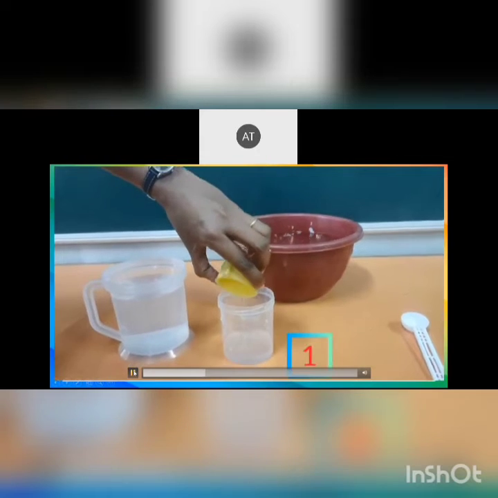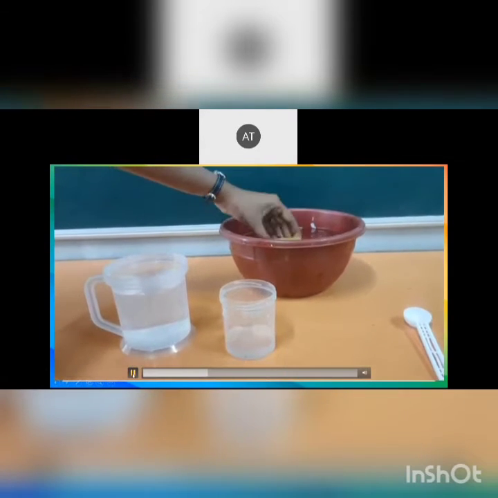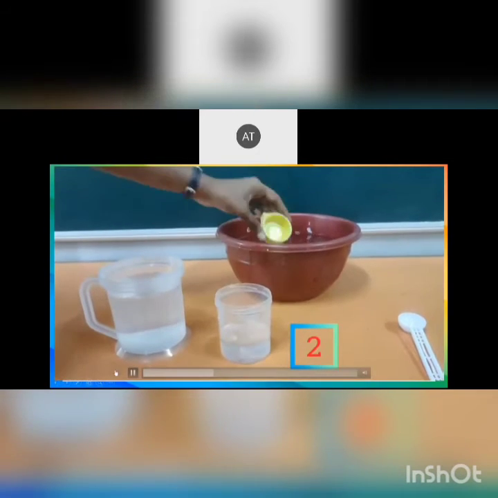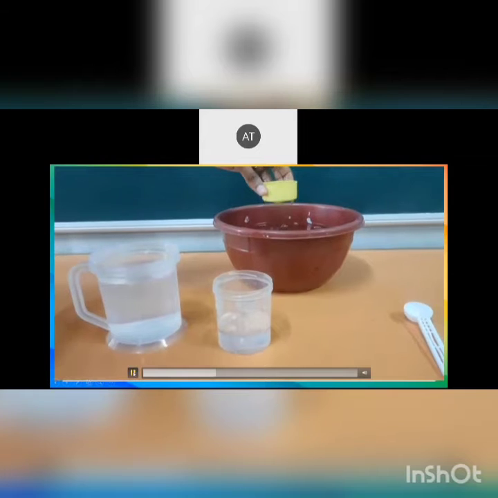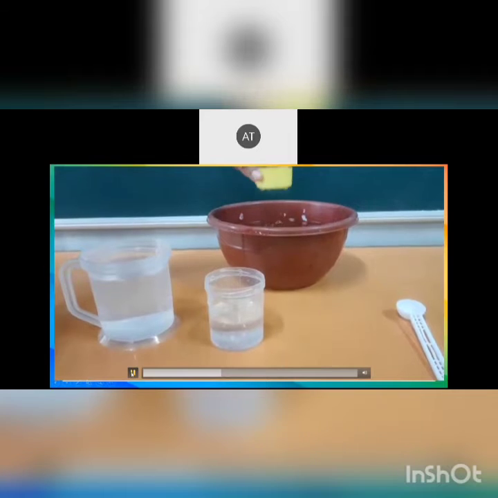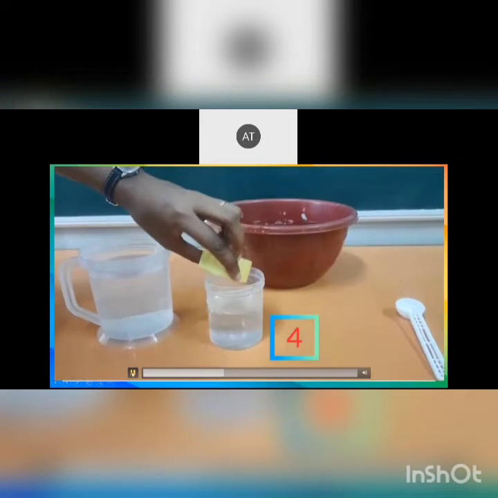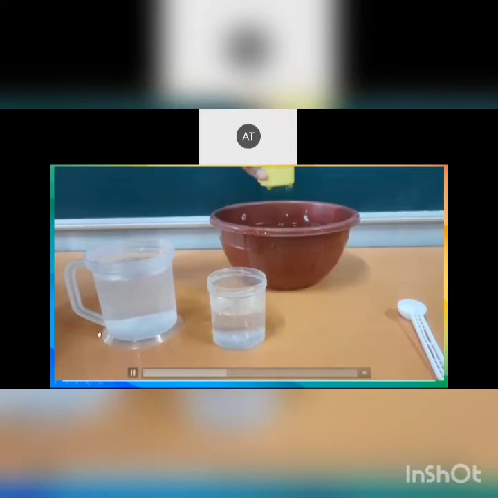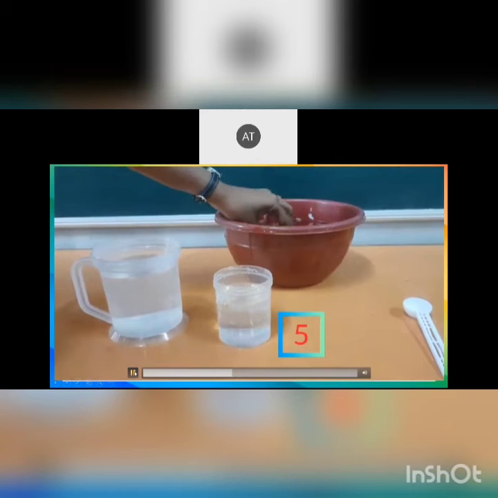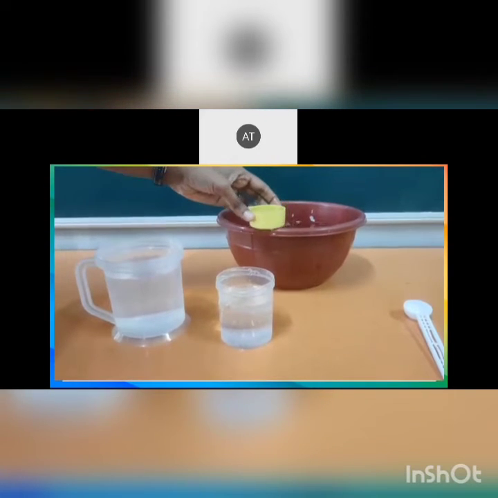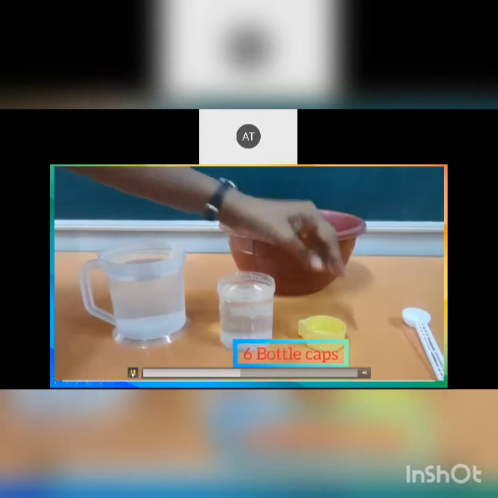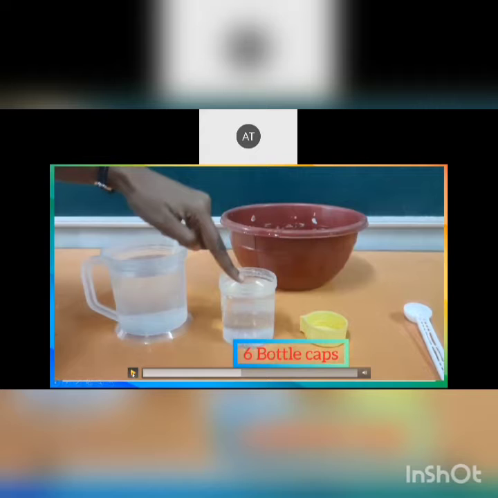1, 2, 3, 4, 5, 6. So 6 bottle caps fill the cup.